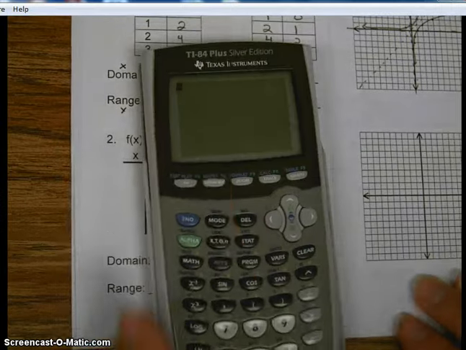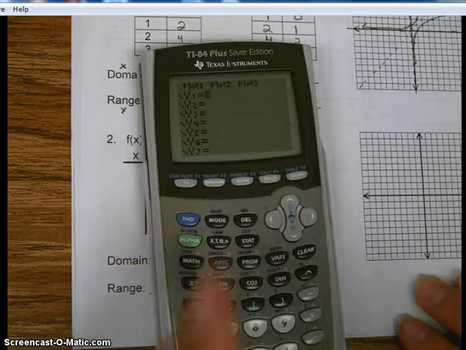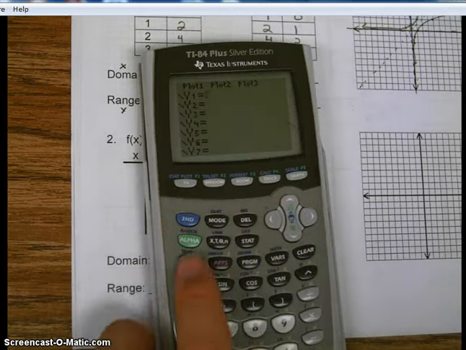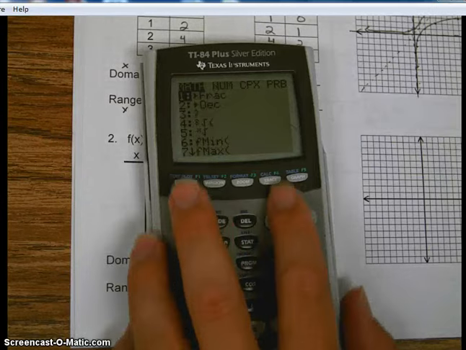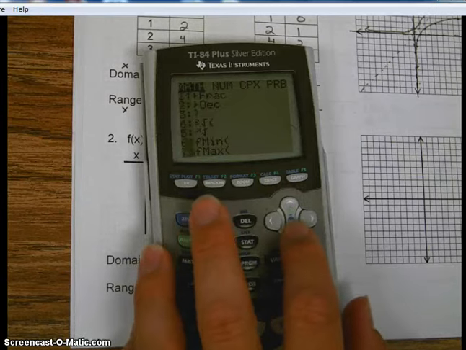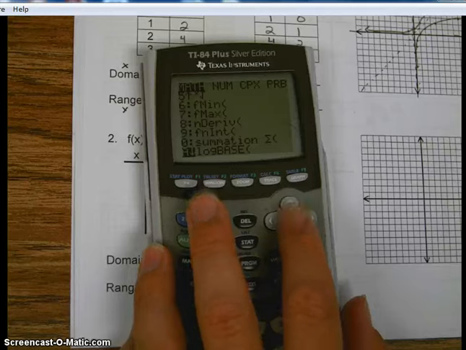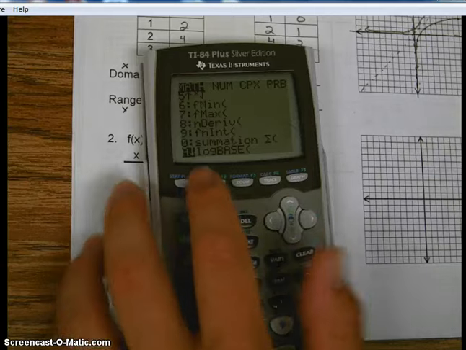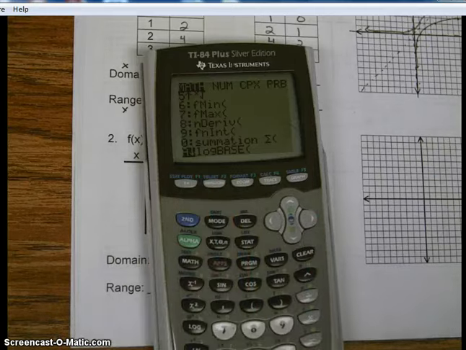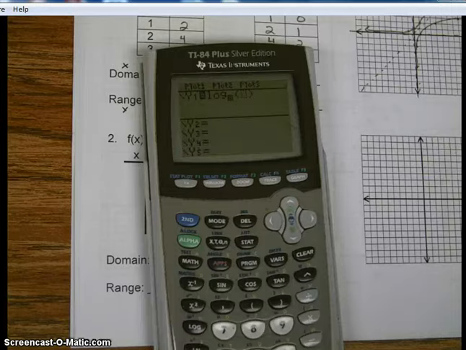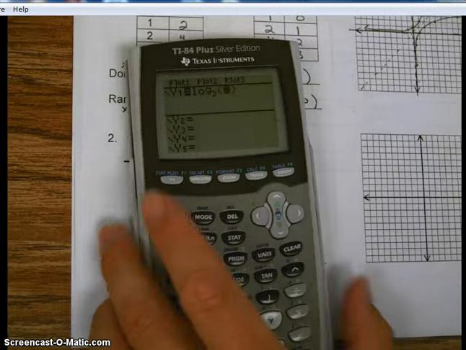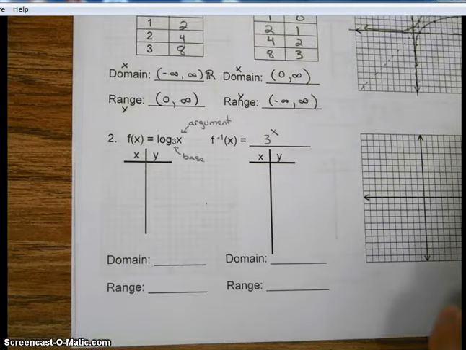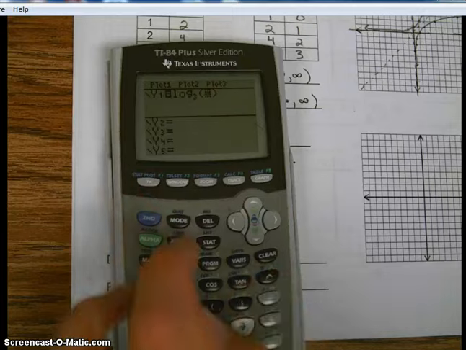But if you'll go to y equals and then press math, actually stay on math, and we're going to go down to log base, which is letter A. We press enter. Okay, and we know that our base is 3 and our argument is x.